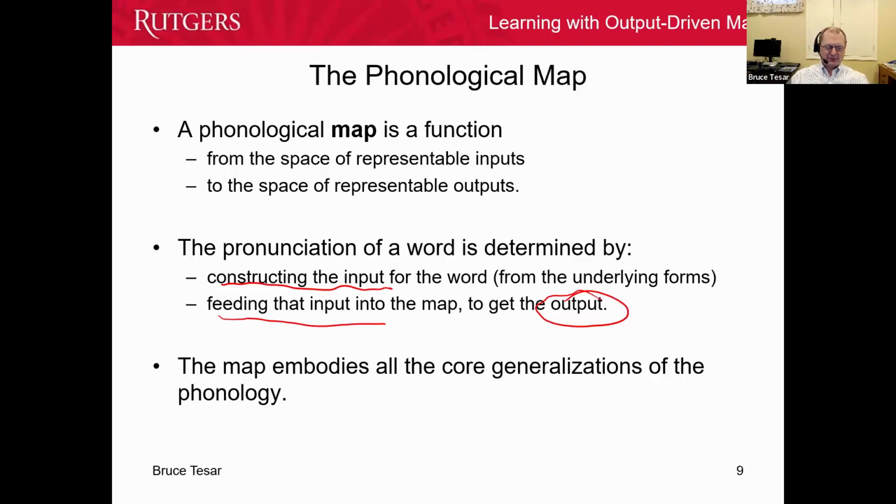And so the map embodies all of the core generalizations of the phonology. There are restrictions on what sounds can go together, in what ways things should be patterned, and the map is responsible for enforcing those things. And enforcing those things, if necessary, means making changes to the way things are structured in the input, so they come out a little differently in the output.